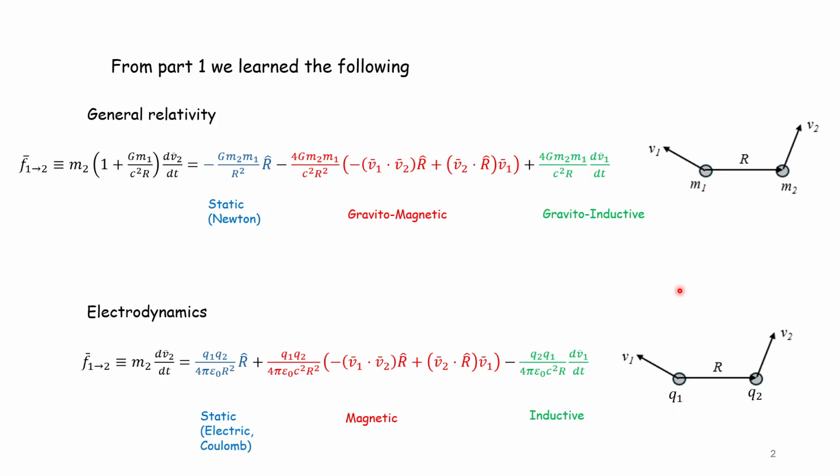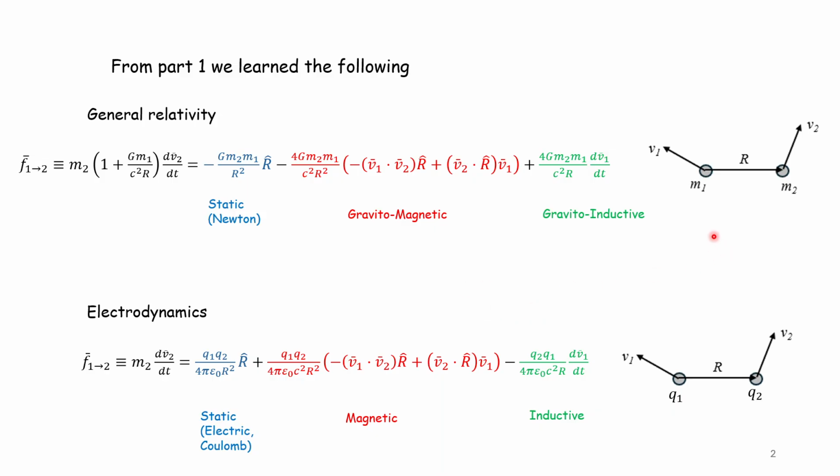Let us now go to the simplest possible interaction, which gives a kinematic effect, and that is parallel motion. Velocities are perpendicular to the distance vector r, and there is no acceleration, so this green term vanishes. I shall emphasize that green color means inductive, red color magnetic, and blue color means static, just to make it easier for you to distinguish between the effects.